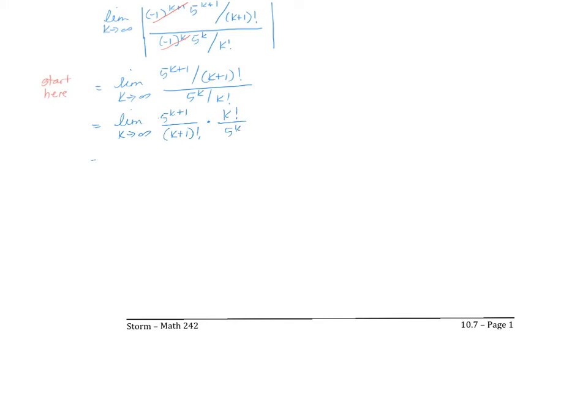So nothing cancels. However, notice that 5 to the k plus 1 is actually 5 to the k times 5. And k plus 1 factorial, if I expand it out, would be k plus 1 times k factorial.